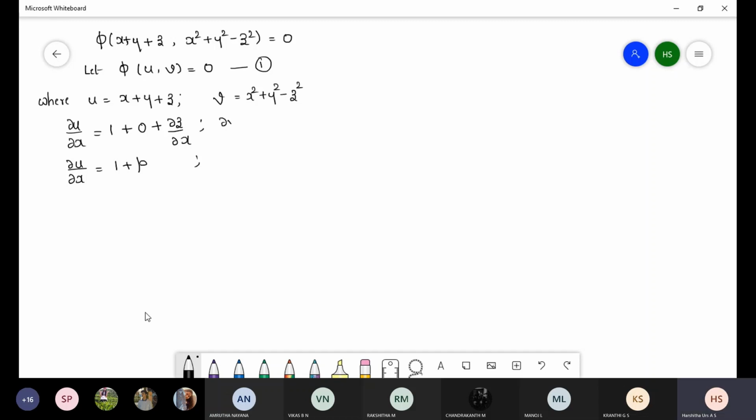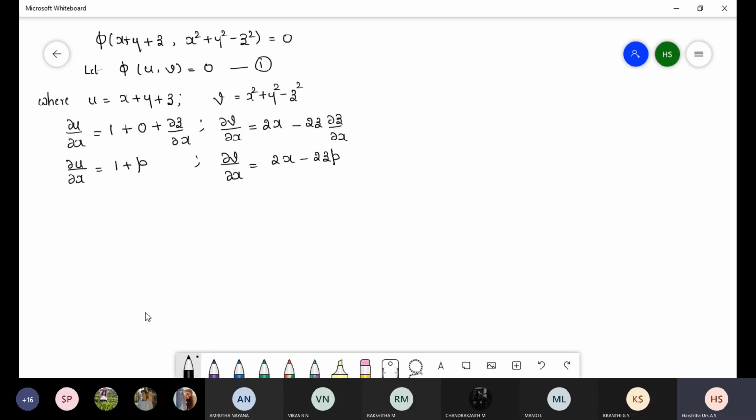Now dou v by dou x is equal to 2x minus 2z into dou z by dou x. So dou v by dou x is equal to 2x minus 2z into p.